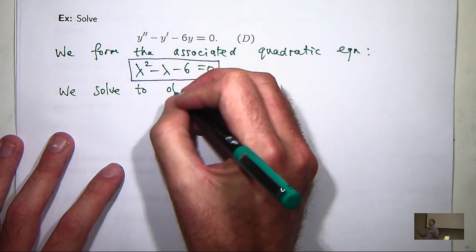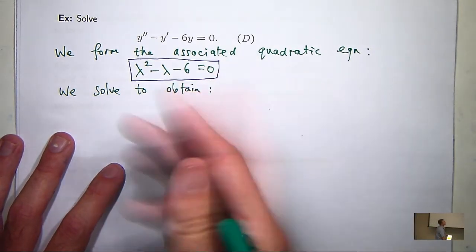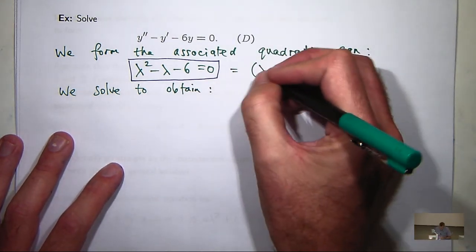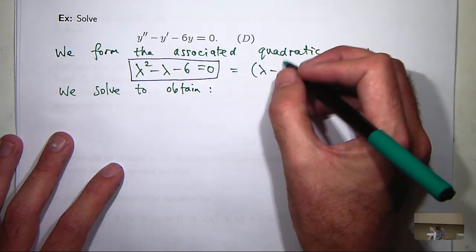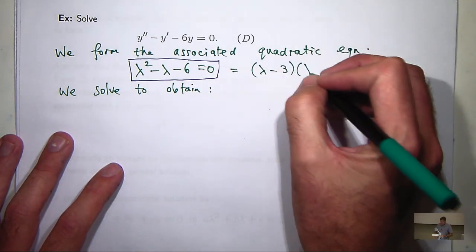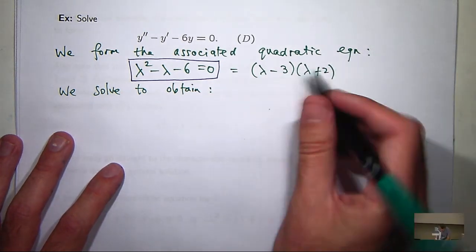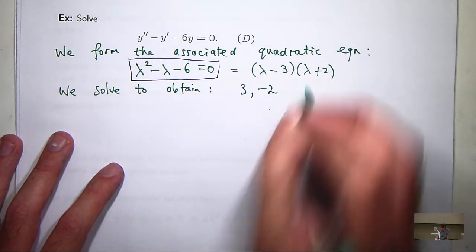We've got 3 and minus 2. Let's do y of x.